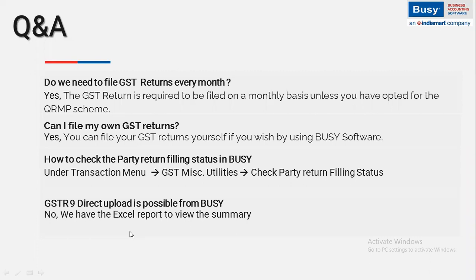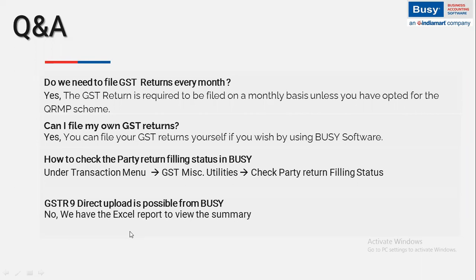If you use the direct upload method from Busy, incorrect values could be uploaded and could not be changed. That's why we provided only the Excel export option. Using the Excel export option, you can export the values, then enter those values into your GST portal. Okay, so this is the GSTR9 related information.